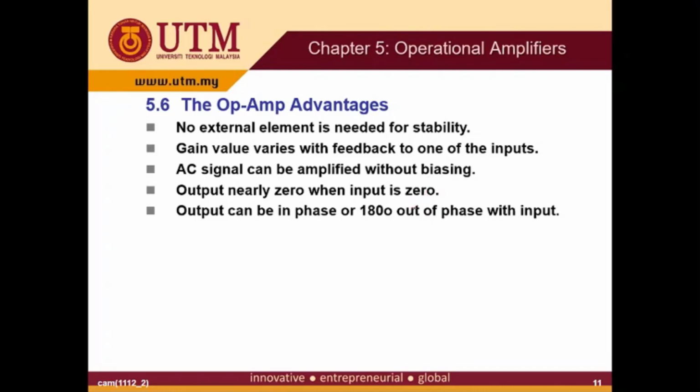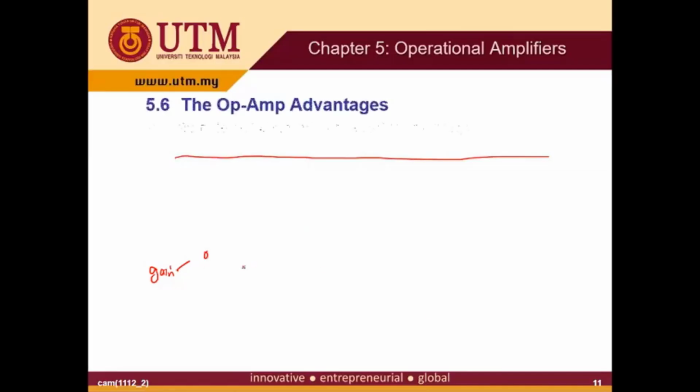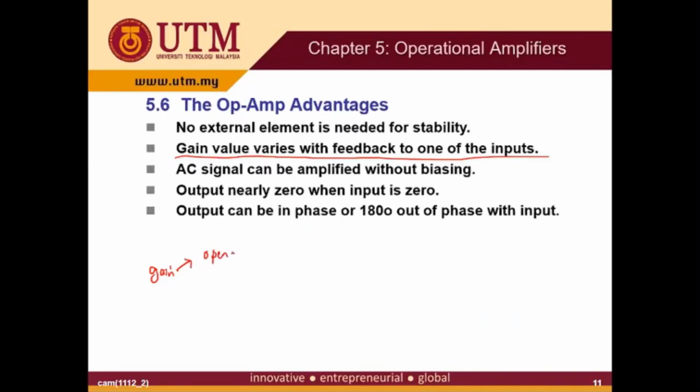Okay, and the second advantage is that gain value varies with feedback to one of the inputs. This is quite an important advantage. We know that the op-amp has two types of gain: the open loop gain and the closed loop gain.